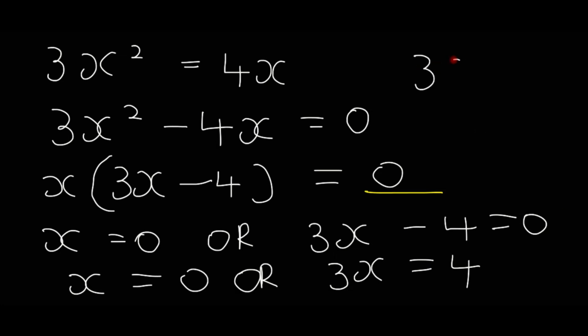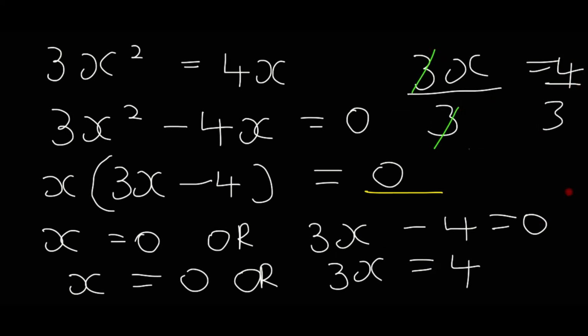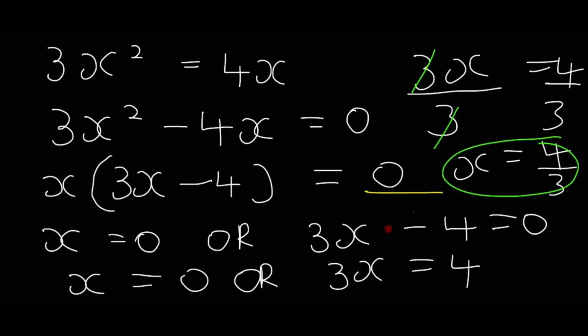So 3x is equal to 4, divide both sides by 3. So 3 and 3 cancel and therefore x is equal to 4 over 3, and this is our answer.